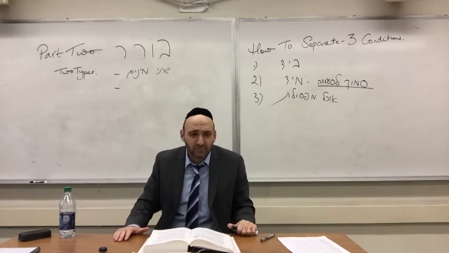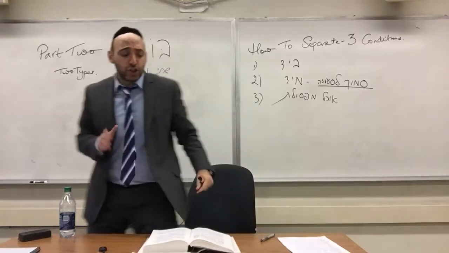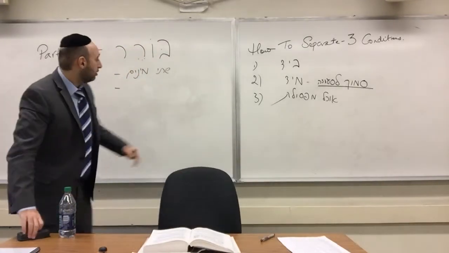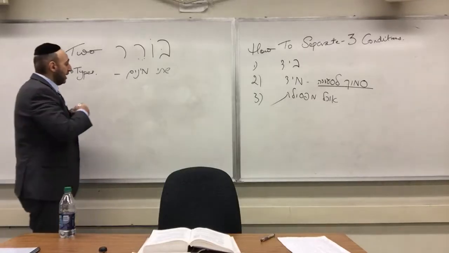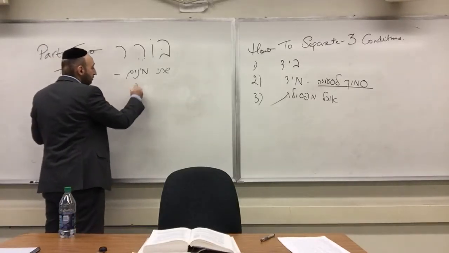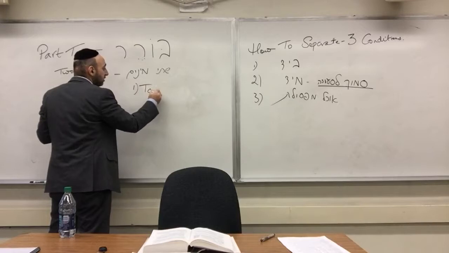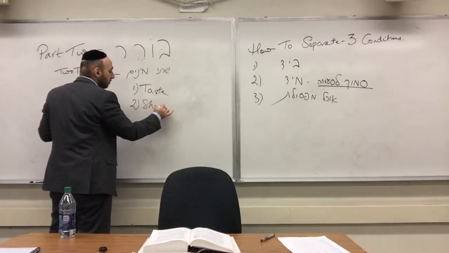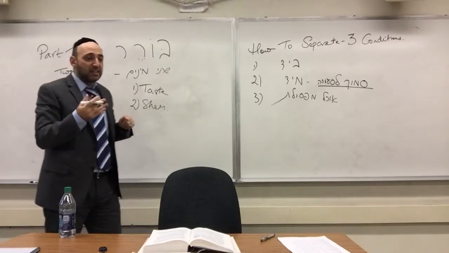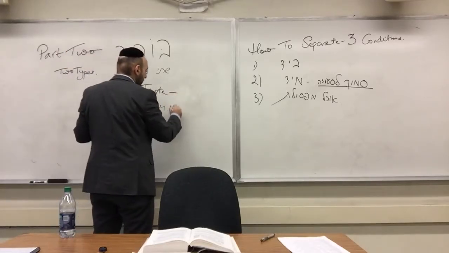So, really, I think it comes down to two things that put it into this category of shtei minim. And those two things are, one, taste, tam, and two, shame. The name that it has, right? The name.